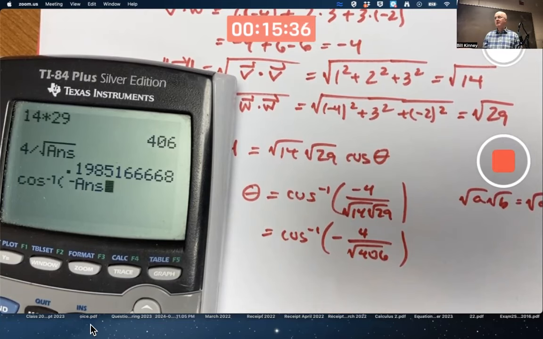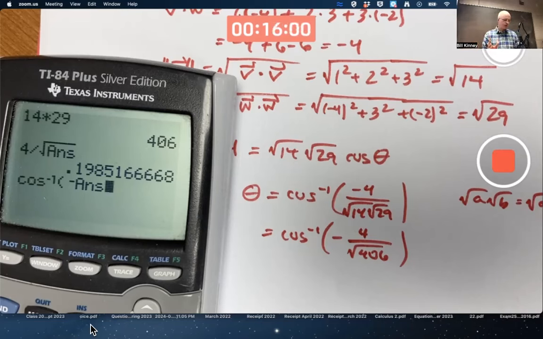And it returns an angle, if you want to think of it as an angle, between 0 and pi. I don't know if you remember that. It's in the first or second quadrant, 0 and pi radians. If the input to the inverse cosine is positive, the output is in the first quadrant between 0 and pi over 2. Our input's negative, so it's going to be between pi over 2 and pi.